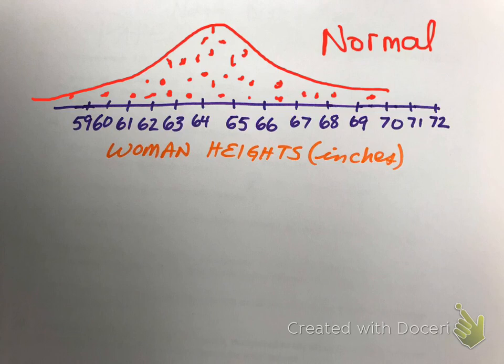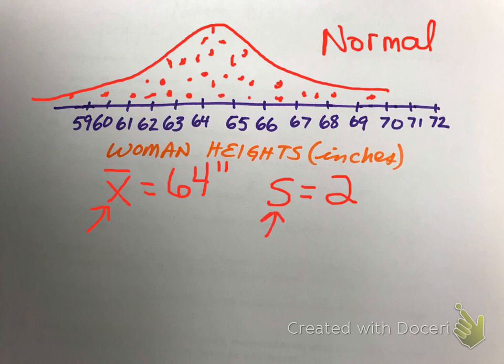And suppose for those 200 women, you calculate the average height, and you get 64 inches, and you get a standard deviation of 2 inches. Notice I'm using X bar, that's called the sample mean, and I'm using S here, that's called the sample standard deviation. Now the sample mean, the average, is a measure of center.